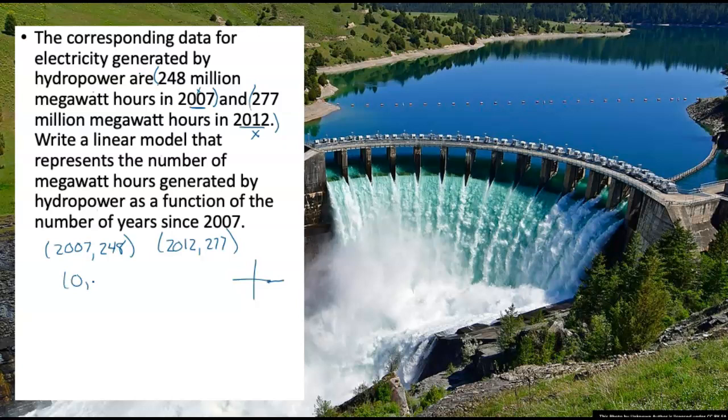Well, that could be represented by 0. 2012 from 2007 is 5 years away. So we have 2 coordinates now, with a 0 and a 5. Will the others work? Yes, but you just have to remember this is the start. This is where we started our graph.